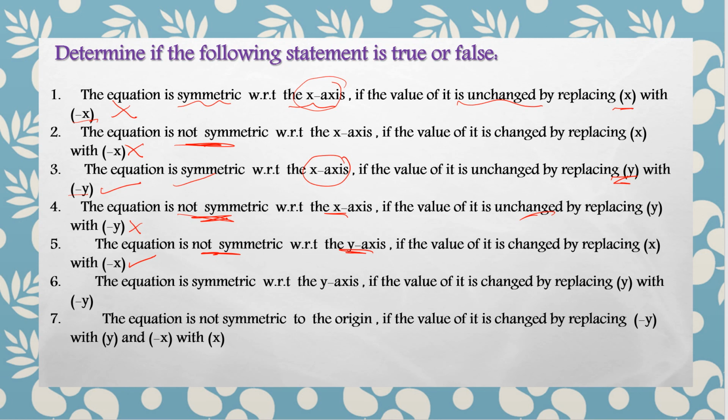Question 6. The equation is symmetric with respect to the y-axis if the value of it is changed by replacing y with negative y. This is false, because when testing symmetry with respect to the y-axis, we change the value of x, not y. So this is false. Question 7. The equation is not symmetric with the origin if the value is changed by replacing negative y with y and negative x with x.